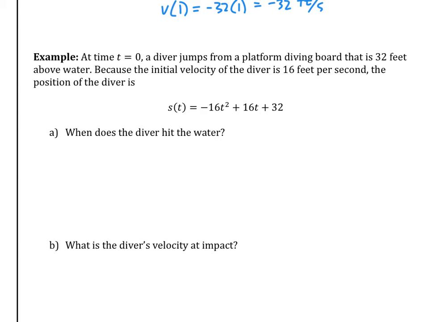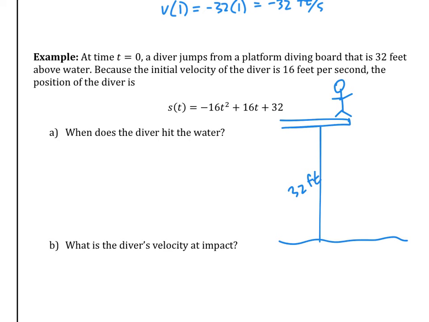Okay, so if you're not sure what you're really looking at, you have this guy who is going to dive down, and they tell you that this diving board is 32 feet above water, and then he's going to jump. So the question is, when will he hit the water? So let's just say that I make a coordinate system like this, and then I call this 0.